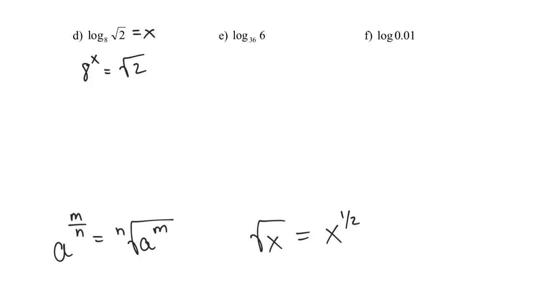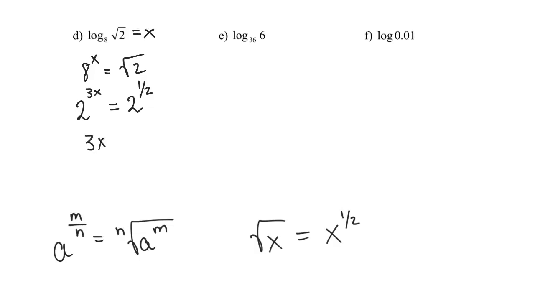When I rewrite this in base 2, I know that 8 is 2 to the third power, since 2 times 2 times 2 is equal to 8. So that part can be rewritten as 2 to the 3x, and that's going to equal 2 to the 1/2 power, because the square root of 2 is the same as 2 to the 1/2.